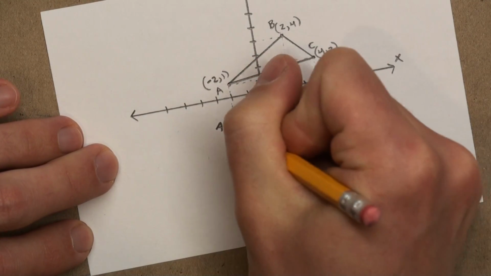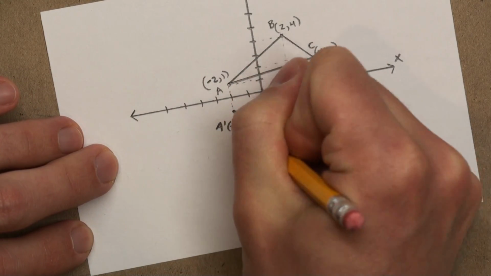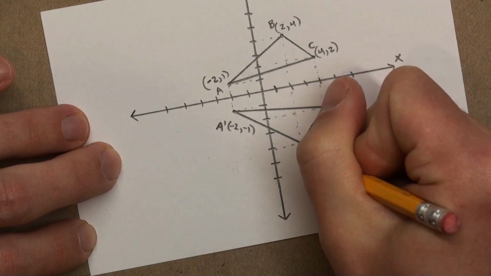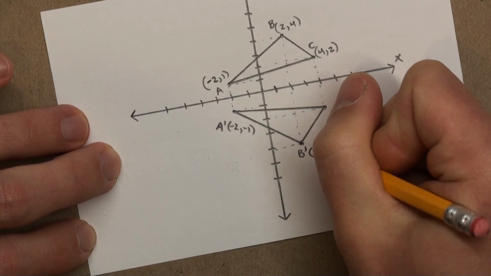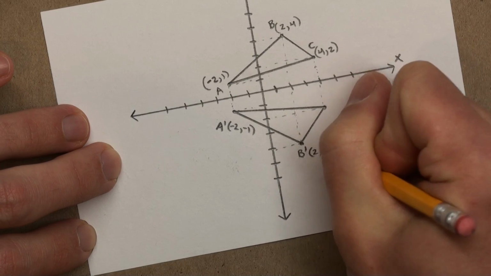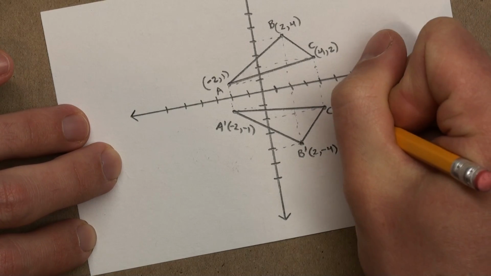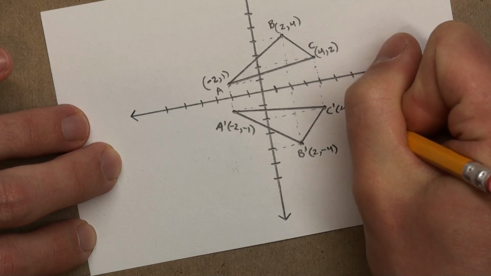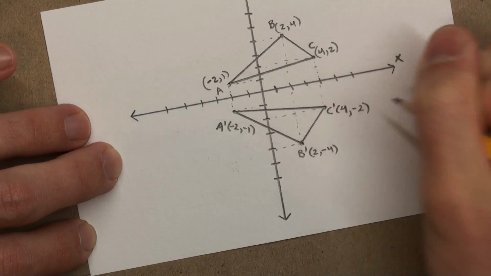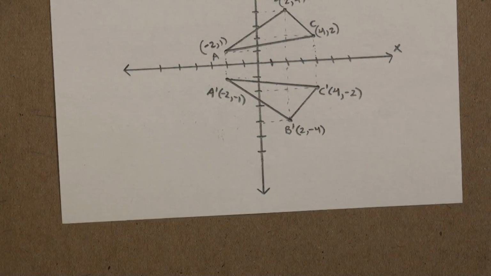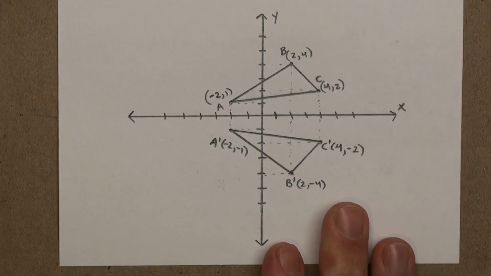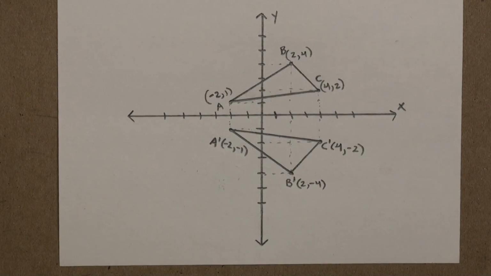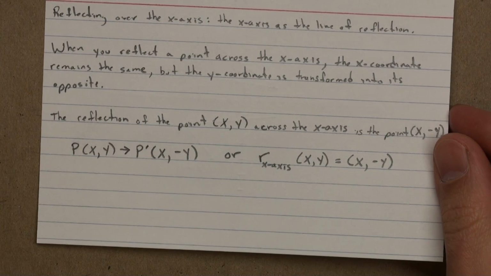So A prime would be negative 2, negative 1. B prime is 2, negative 4, and C prime is 4, negative 2. Let's see here.